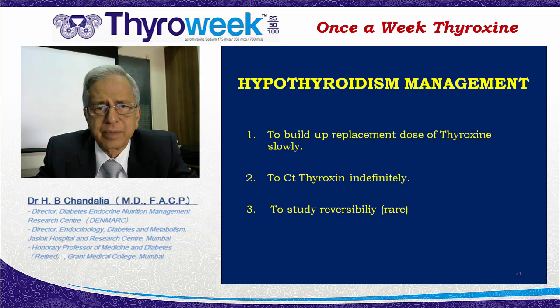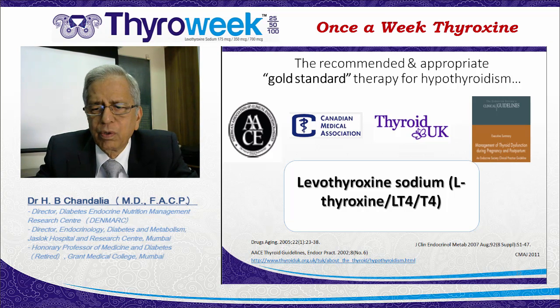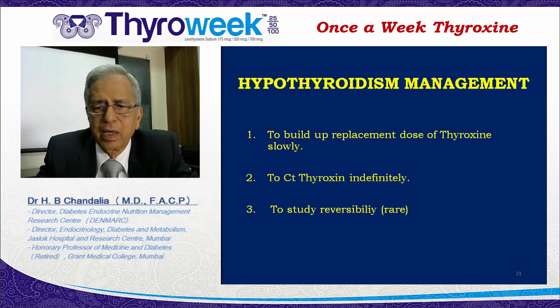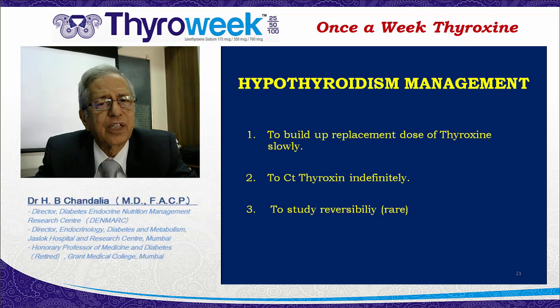For example, although you are going to build the thyroid dose very slowly in most of the hypothyroid people, and remember that this is true in severely hypothyroid patients, you must always build up the dose very slowly.